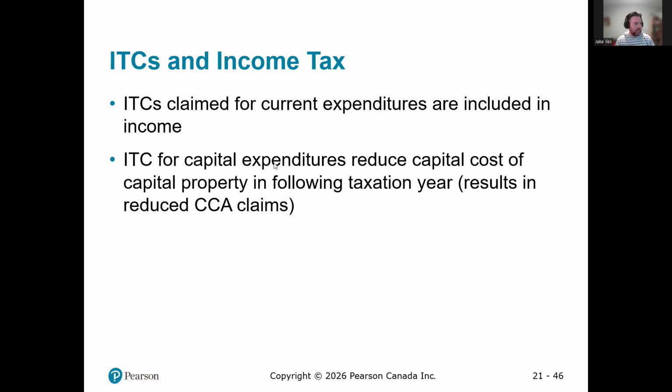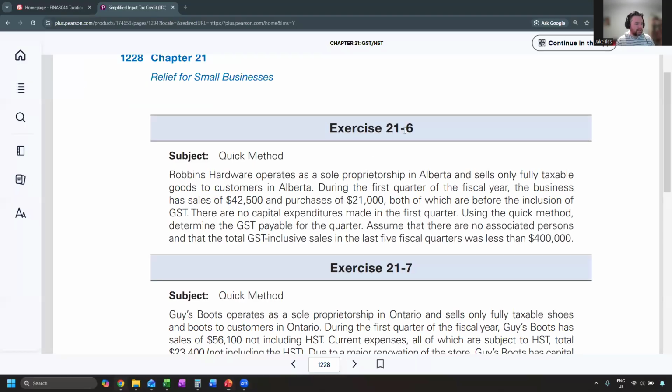Yes, so let's go to the exercise so we can see it in action. Robbins Hardware operates as a sole proprietorship in Alberta and sells only fully taxable goods to customers in Alberta. So this is a retail store. Sole proprietorship sells goods in Alberta. So retail store, 5%, that's 1.8 from our chart.